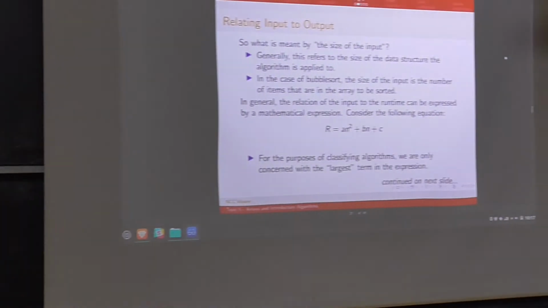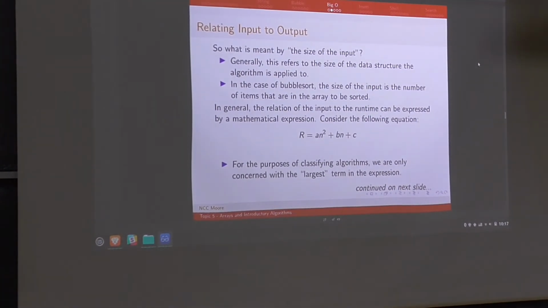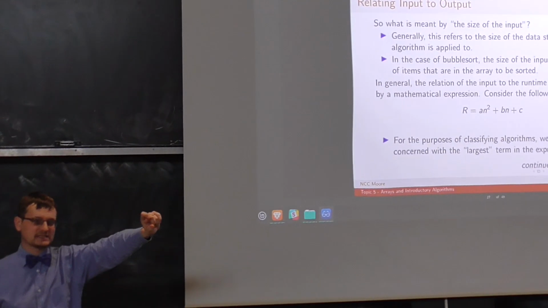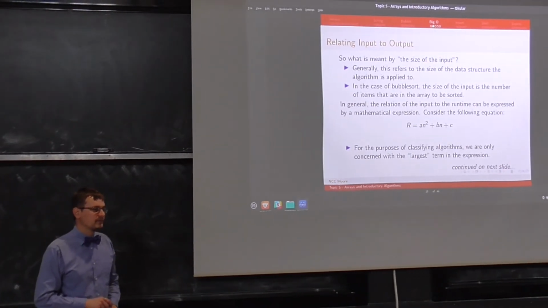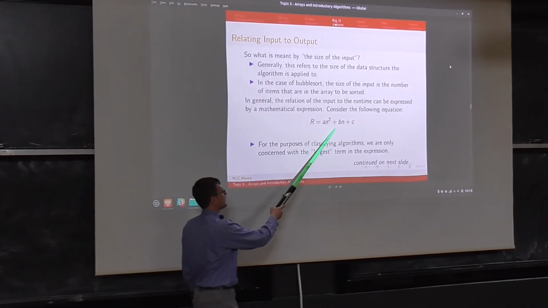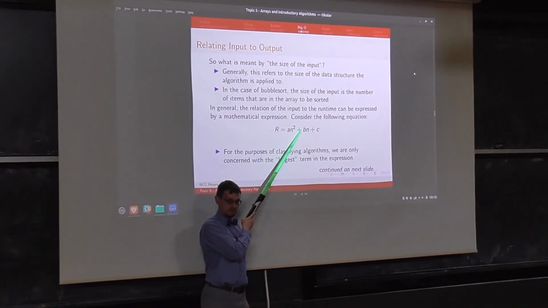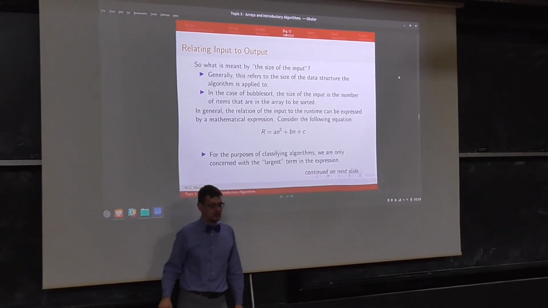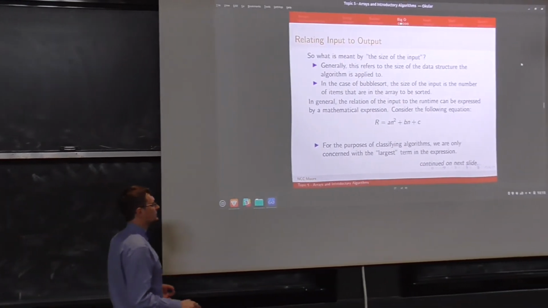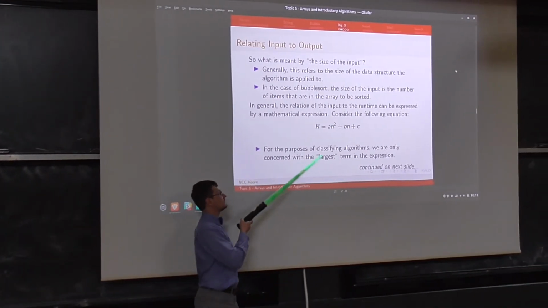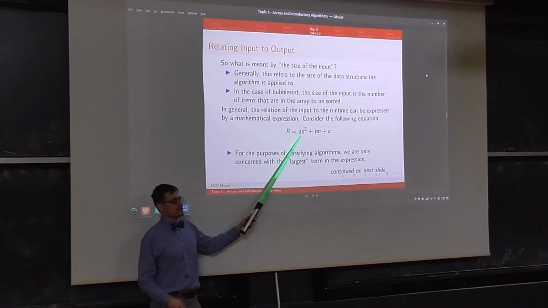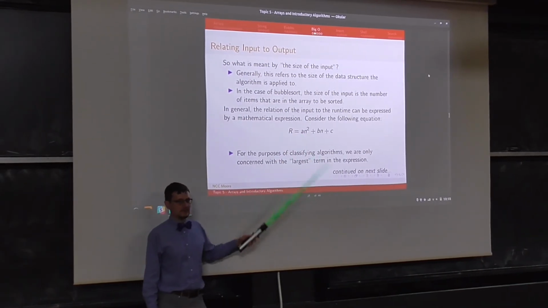a n squared plus b n plus c. At small numbers n, like n less than 10, you can't discount the contribution of the bn component or even the c component, right? However, as n grows, the magnitude of this equation is going to become overwhelmingly dominated by the n squared term.